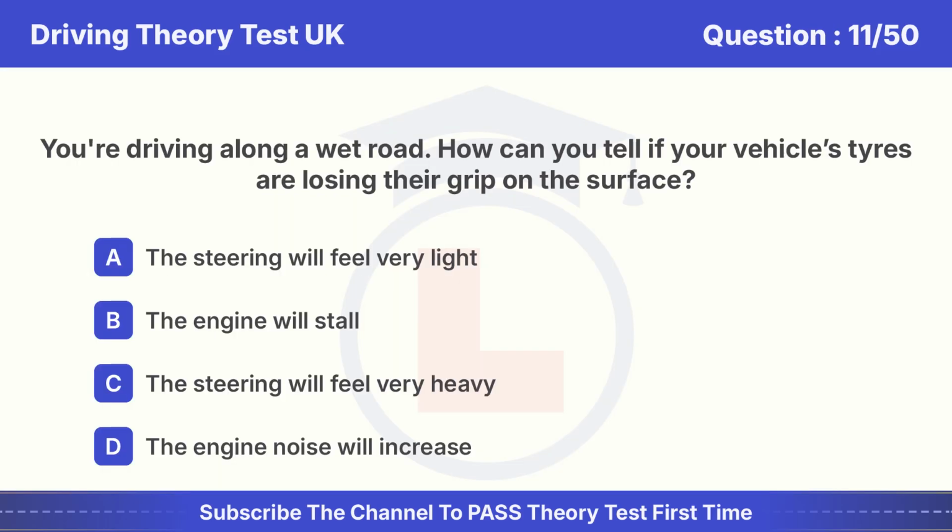Question 11. You're driving along a wet road. How can you tell if your vehicle's tires are losing their grip on the surface? Answer is A. The steering will feel very light.